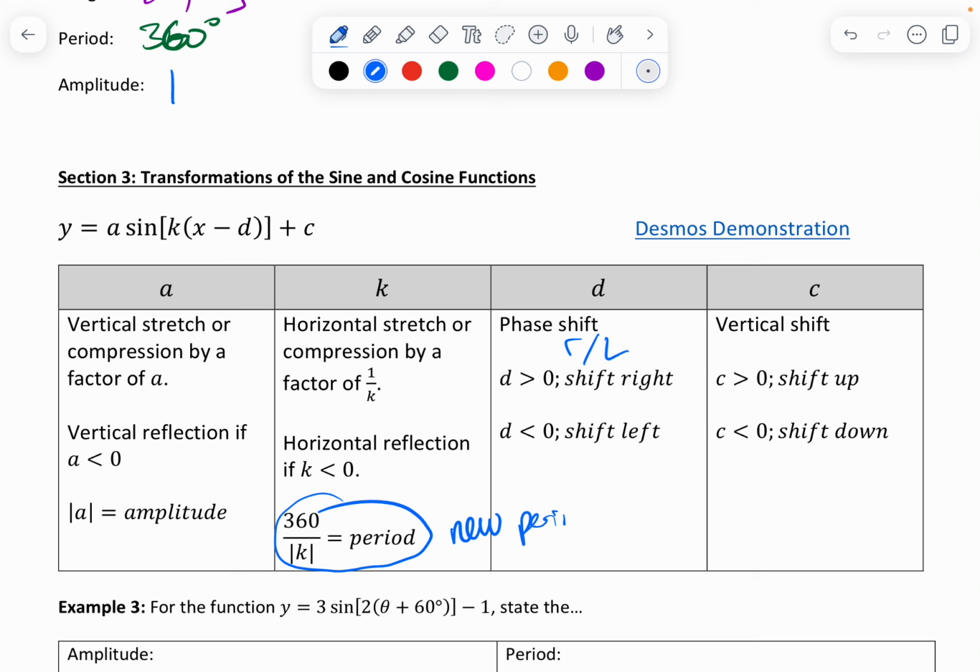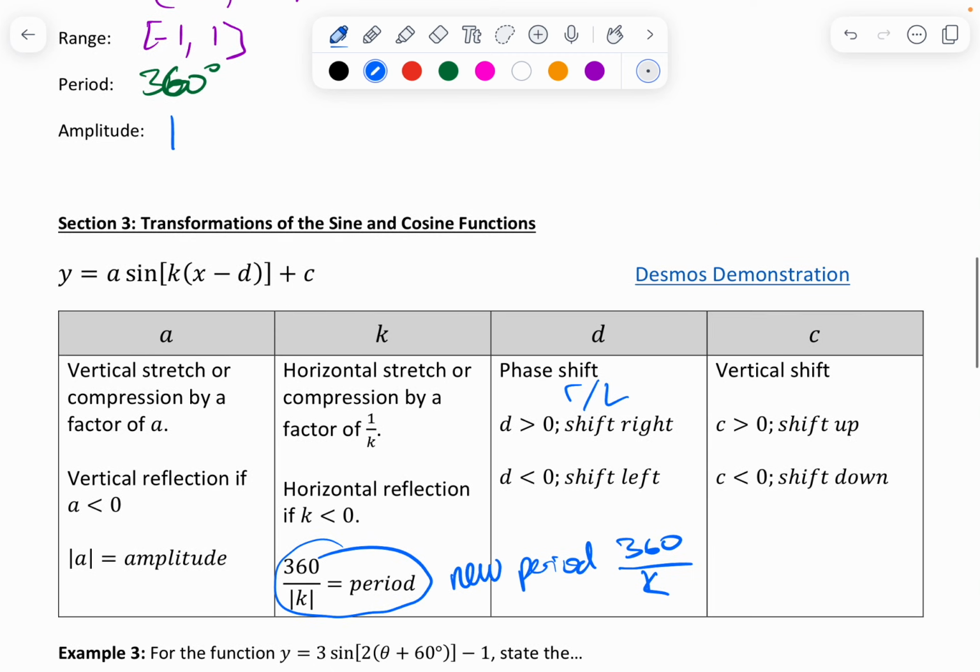So the new period is 360 divided by the compression factor. The amplitude is the vertical stretch. Remember the amplitude was 1? Well, the new amplitude is A times 1, because we're multiplying the old amplitude by A.